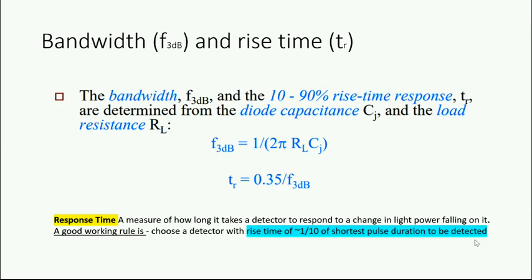For example, if the shortest pulse of the incident light is 10 nanoseconds, then as per the working rule, the response time should be 1 nanosecond. Only then can we detect the incident pulse correctly. That is a good working rule. That is about the response time, F3dB bandwidth, and TR.